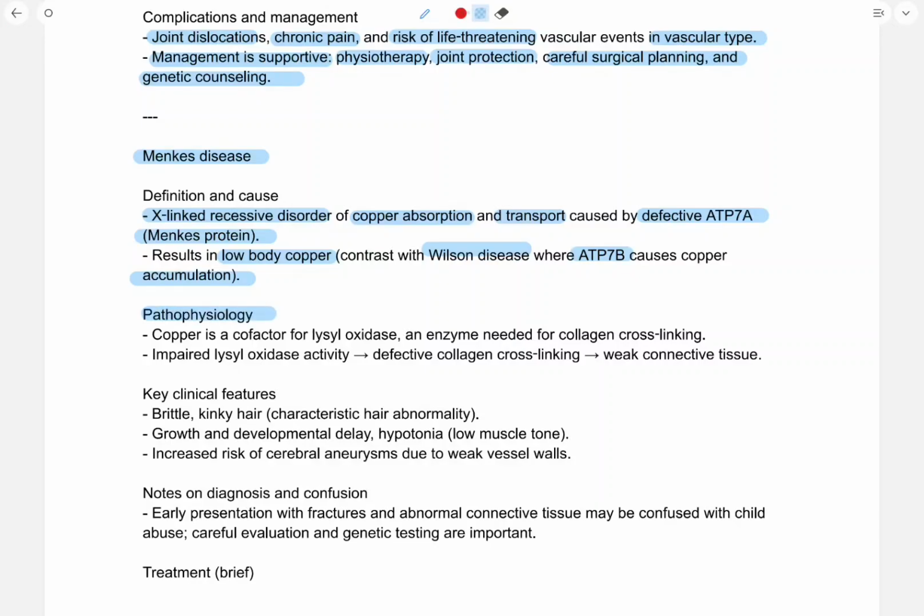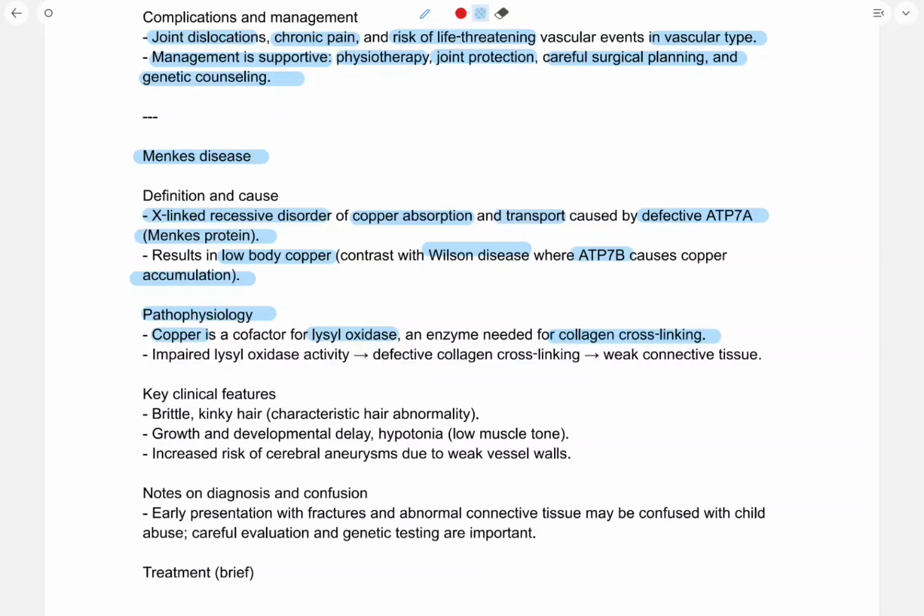Now we will discuss the pathophysiology. Copper is a cofactor for the lysyl oxidase enzyme, which is needed for collagen cross-linking.